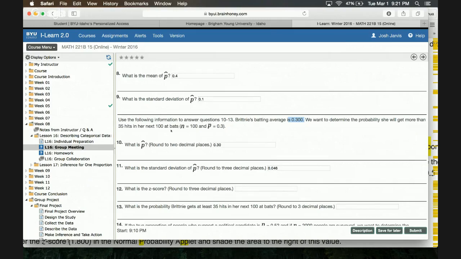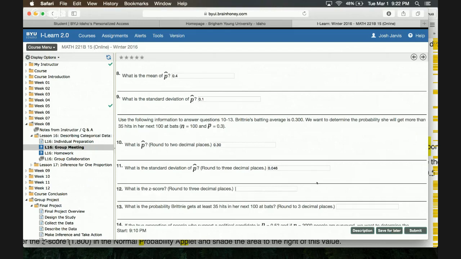Okay, so you take 0.35 minus the mean. That works. So 0.35 minus 0.3 divided by 0.046. Wait, are we changing number 10 with that? No, p hat's right, so number 10 is still 0.3.